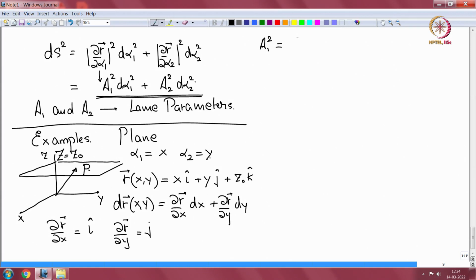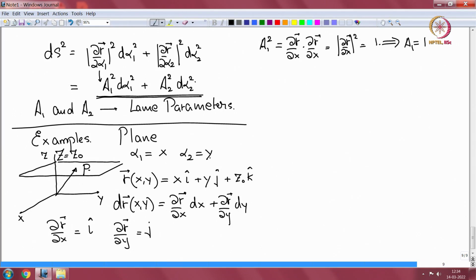That is equal to del r by del x dotted with del r by del x, which is also the magnitude of del r by del x squared. It is equal to 1. It means a1 is equal to 1.